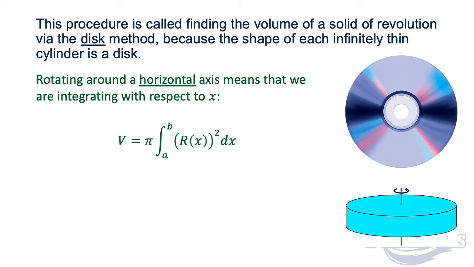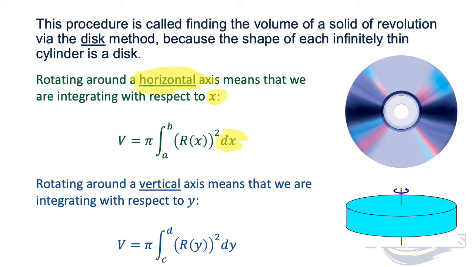So in general, for any horizontal axis, you will be going with respect to x, and this will all be a dx scenario. Okay, pi r squared dx. And that r of x is here to say, it's just whatever the function is, that's your radius.